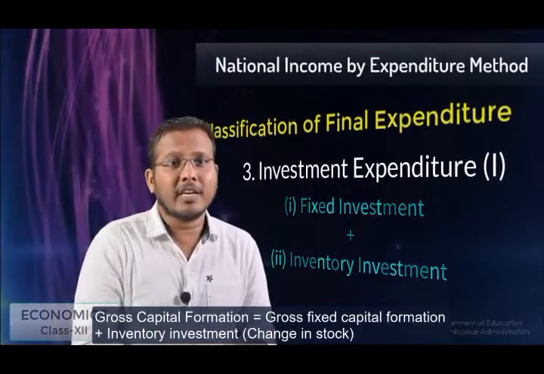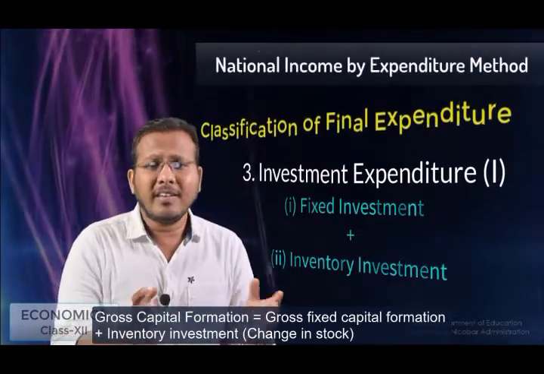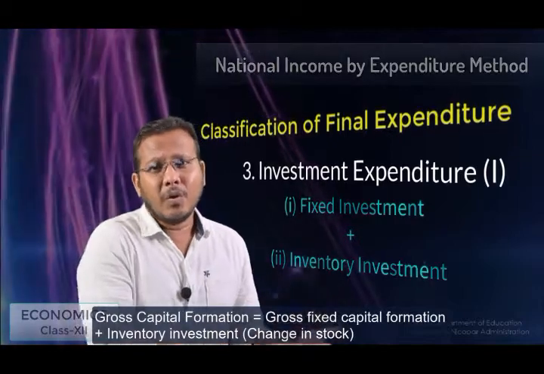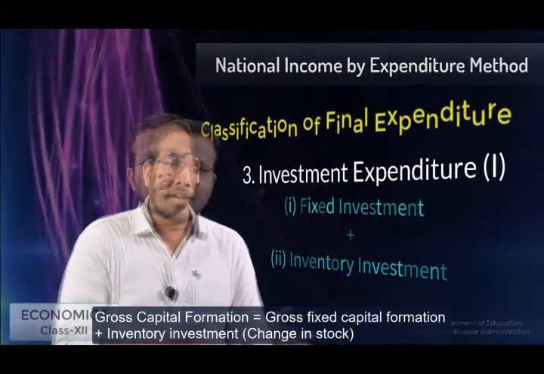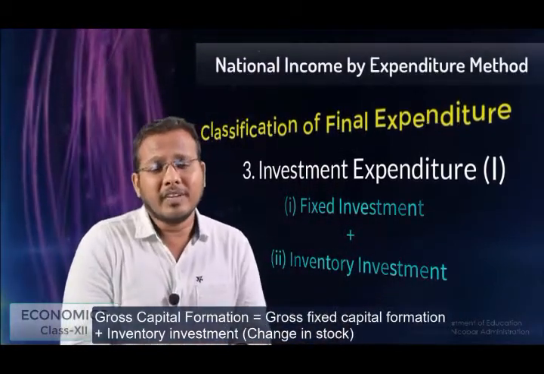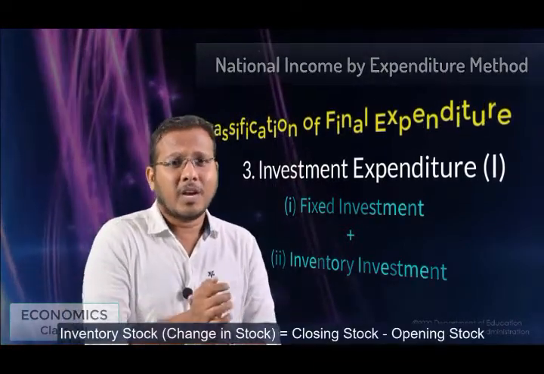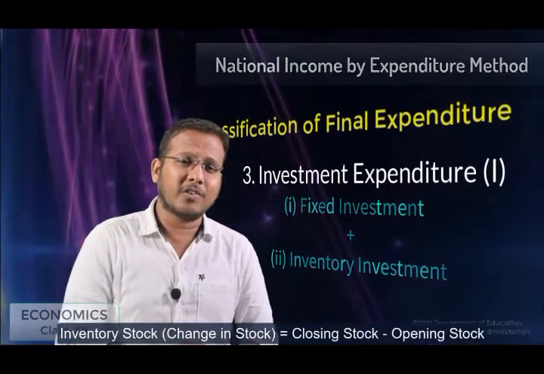So here the value of inventory investment refers to the change in the stock during the year. That is the difference between the value of opening stock and the closing stock. So we have studied about the change in stock in the earlier episode, that is change in stock, delta stock, is equal to closing stock minus opening stock.